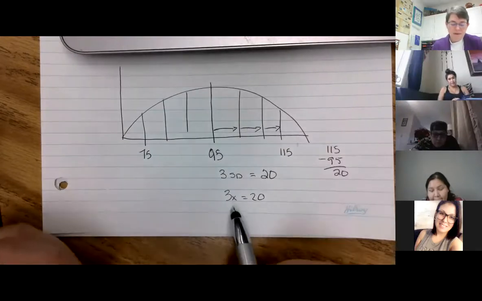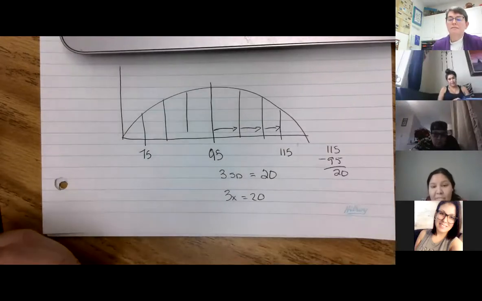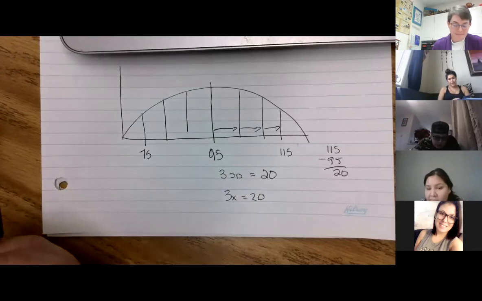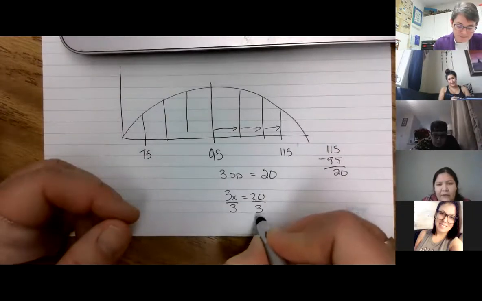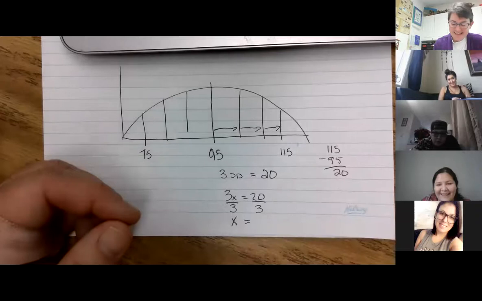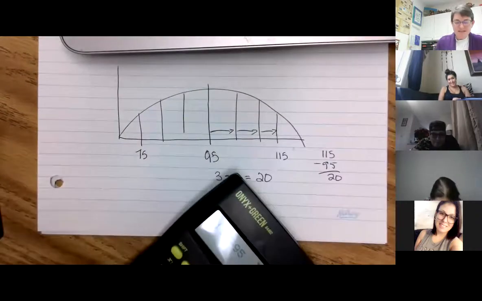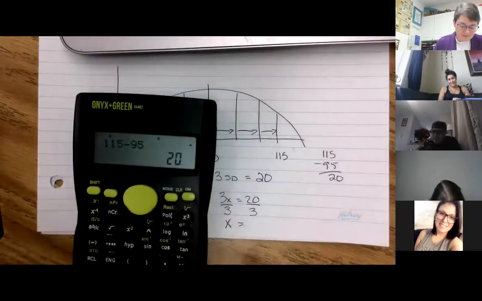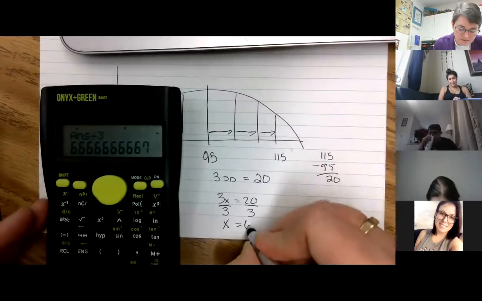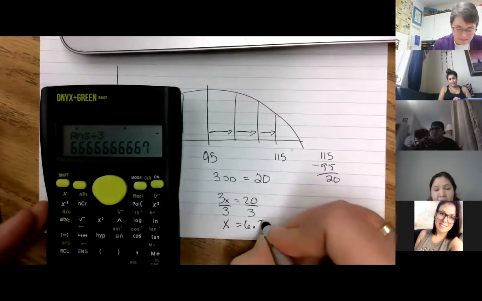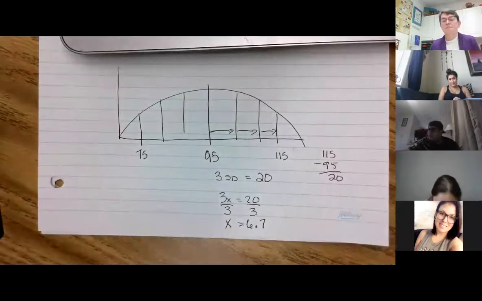Rena, how do I get X by itself? Oh, yeah. All right, 20 divided by 3 is 6.7. We'll just call it 6.7. So there's our standard deviation.